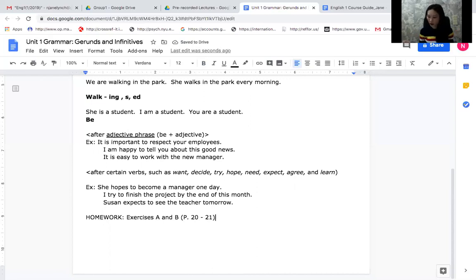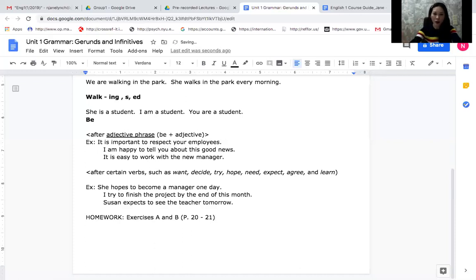If you're following me by looking at the book, you would see it now. It's on pages 20 and 21. Very easy. Exercise A has only seven items, and exercise B has only 8 items to complete. So that's your homework. When I post this link in the Google Classroom, your answer should be this homework. Answer exercise A and exercise B.